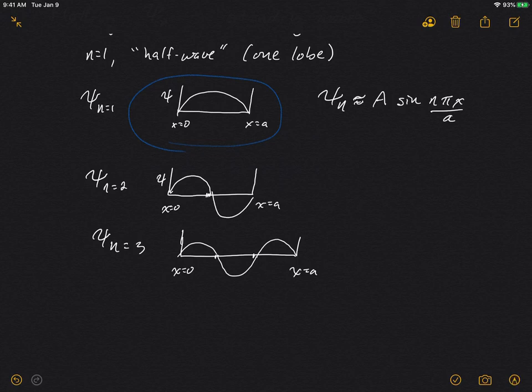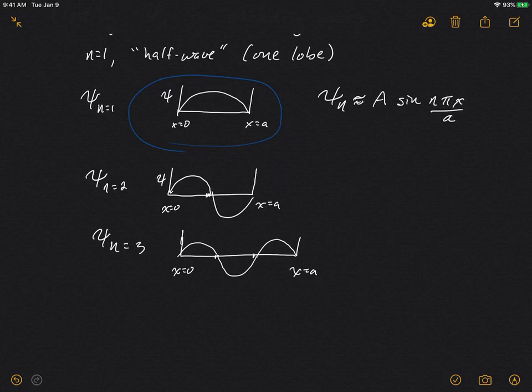One thing to keep in mind, sines and cosines are very symmetric functions. Like if we look at this n equals 1 state, the sine function for the second half of the wave is going to be a mirror image of the wave function from the first half of the wave.